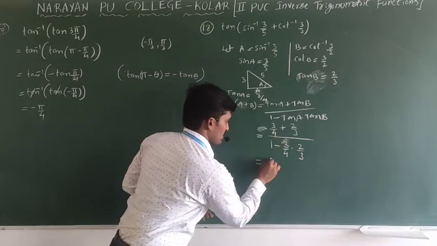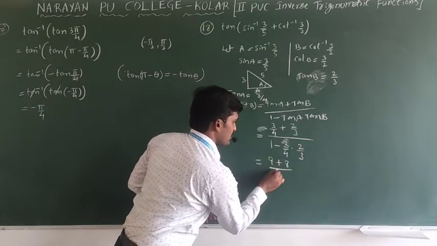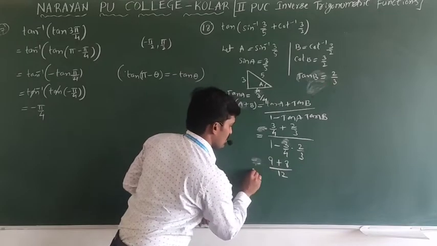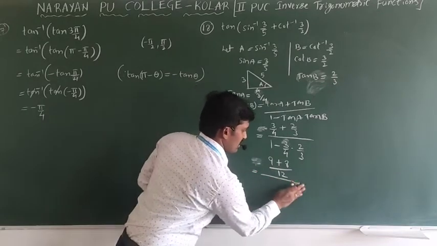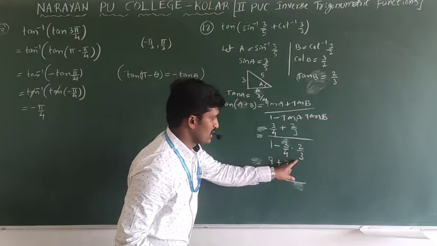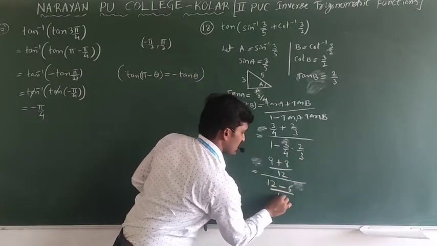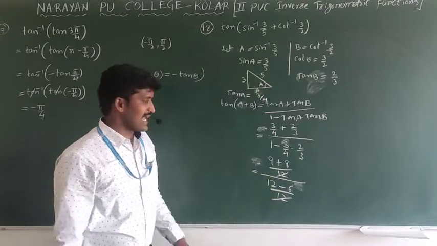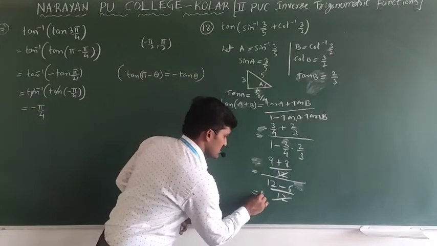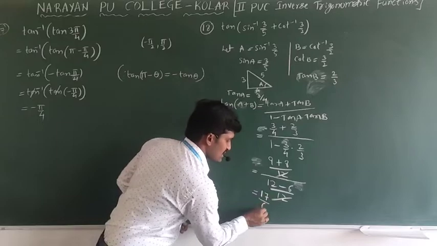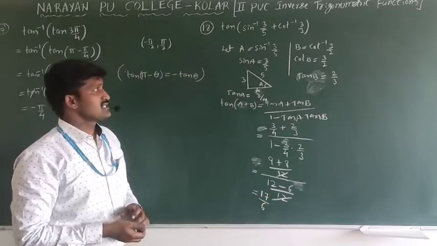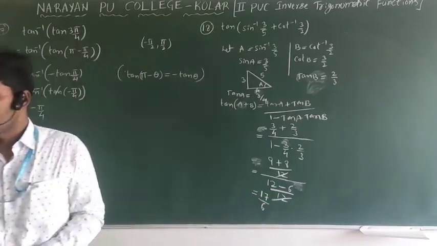Here 3 times 3 is 9, plus 8, by 12, whole divided by. For the denominator also, what is the LCM? 12. 12 ones are 12 minus 3 twos are 6, by 12. Now 12 gets cancelled. 9 plus 8 is 17 by 12 minus 6 is 6. This is the value of the 18th question.